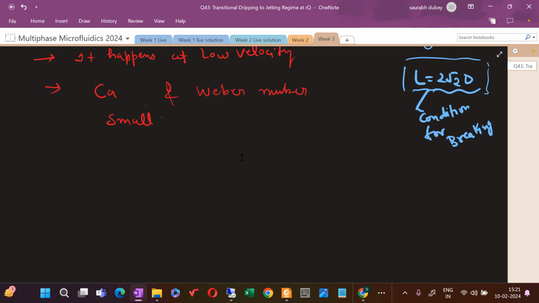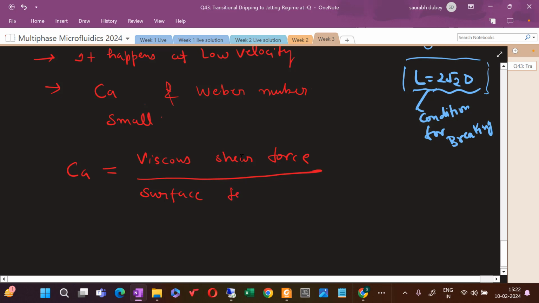This ratio is what takes care of the different morphology, and the squeezing, bending and breaking of the droplet. So the capillary number is the viscous shear force to the surface tension force.